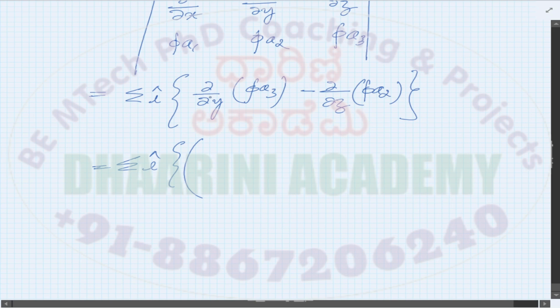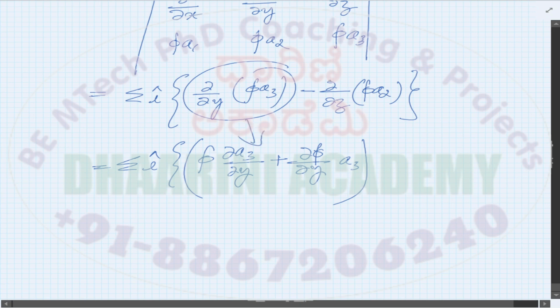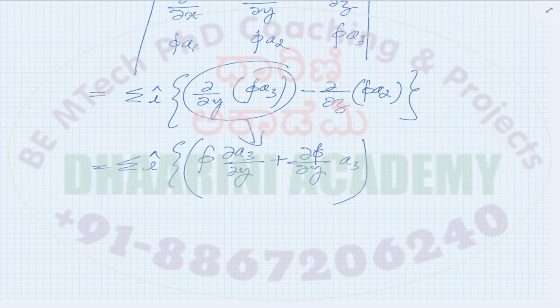The first term, dou by dou y of phi into a3, I can write as phi, my first function, into dou a3 by dou y, plus I have to apply the derivative to phi now, so this is dou phi by dou y into a3. This is the first term. Only this term I am expanding now, and I got this answer.